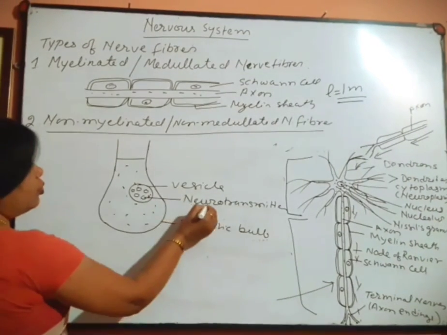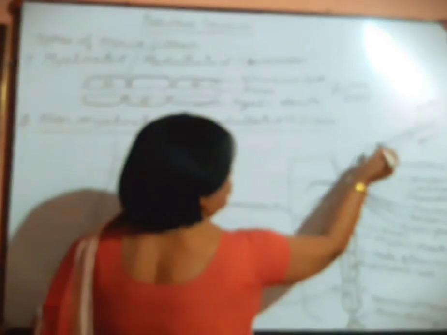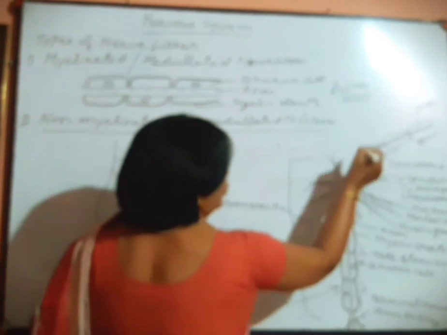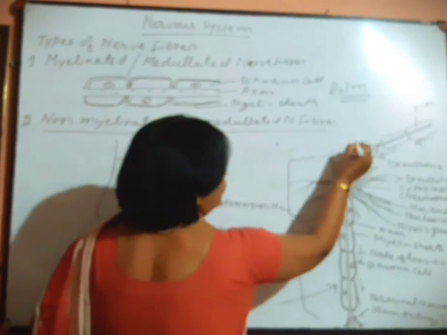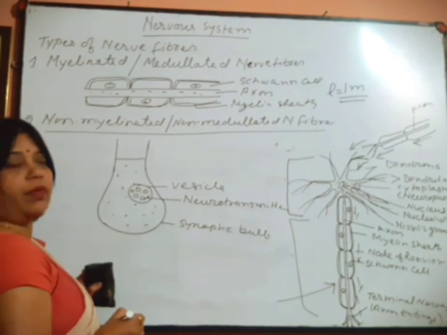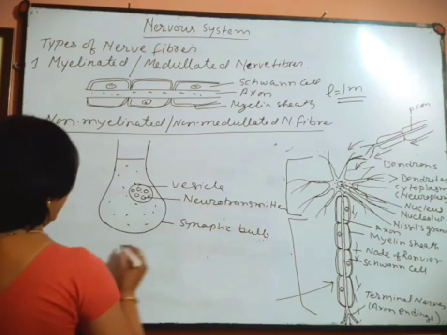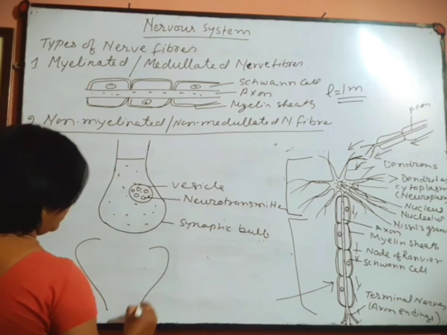This neurotransmitter helps in transmission of the nerve impulse from the axon of one neuron to the dendrites of another neuron. This forms a gap connection with the dendrites.